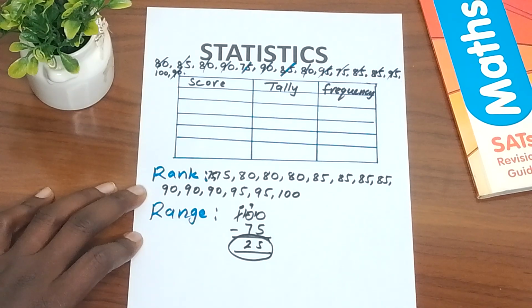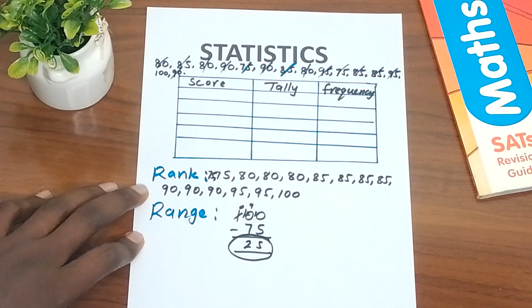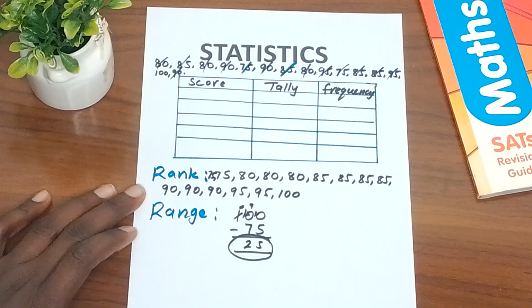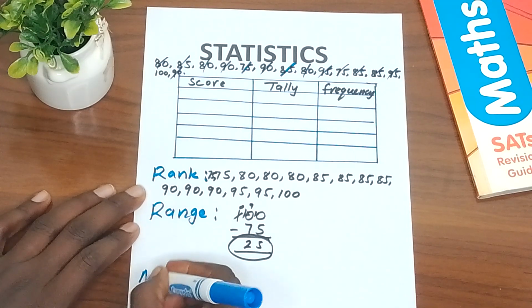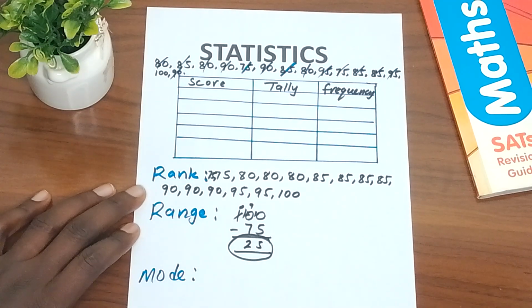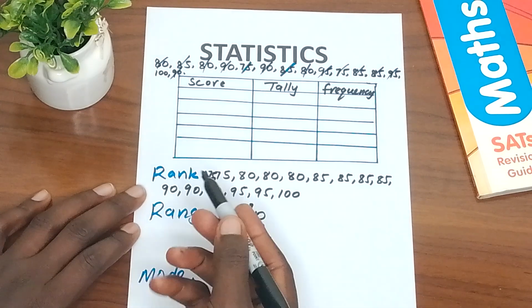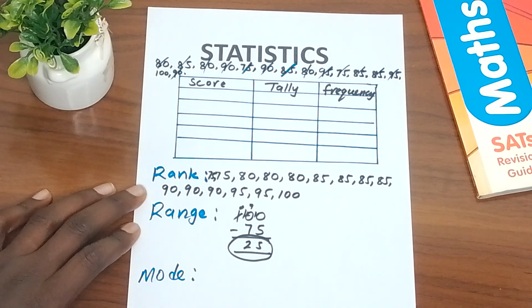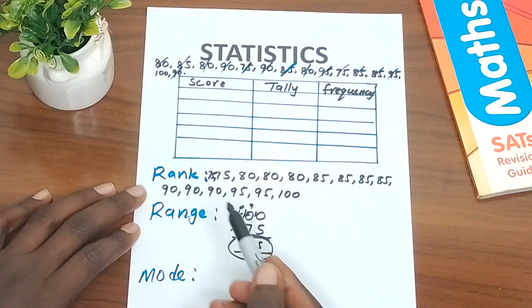Then after knowing the range, we can look at the mode. The number that has appeared the most times in a given set of data is the mode. Mode is the number that appears more times than the rest of the numbers. Majorly the mode comes from the table, which we are also going to put in the data.